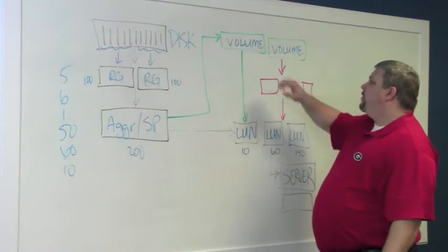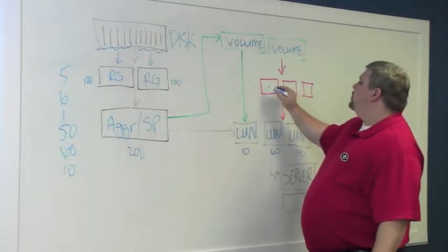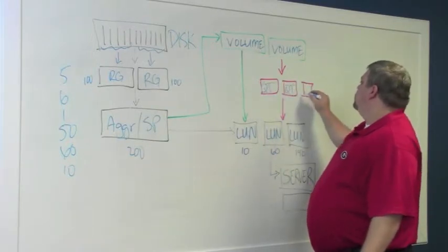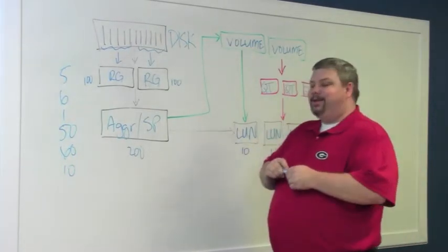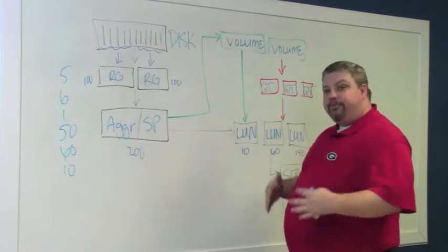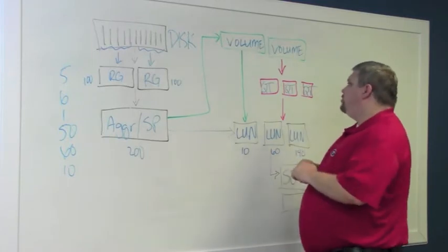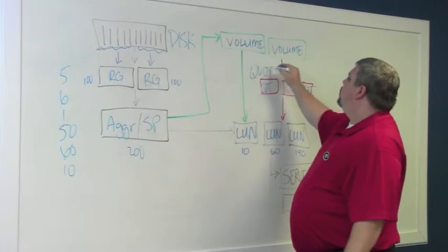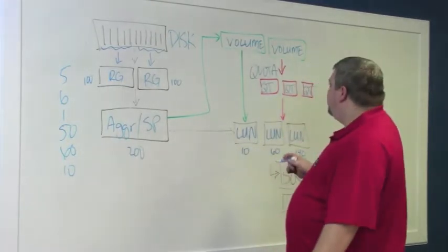So you've got volumes. If you have a NetApp, you have another little thing called a qtree. A qtree, again, is just another little subset of a volume. It's optional. You don't have to use it at all, but you might. Qtrees really function for quotas.